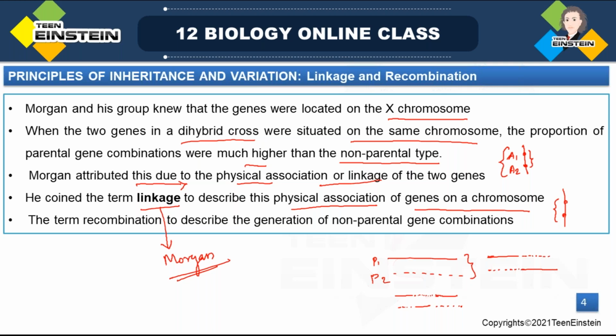So recombination is the formation or generation of new non-parental types. According to Mendel's studies, in parental combinations you can see characters of both the parents. Other than that, some other combinations may also come, and that is called recombination. There is a possibility of different kinds of combination. So the term linkage was coined by Morgan.